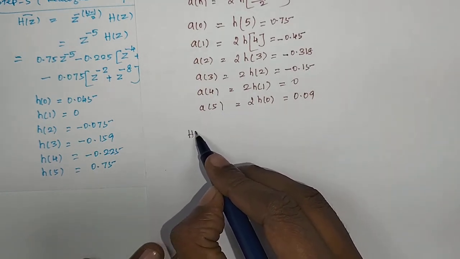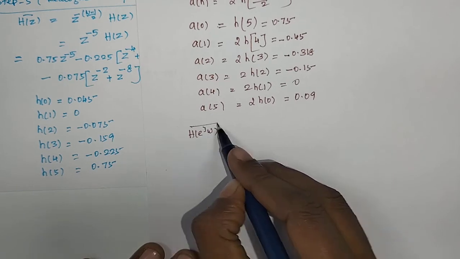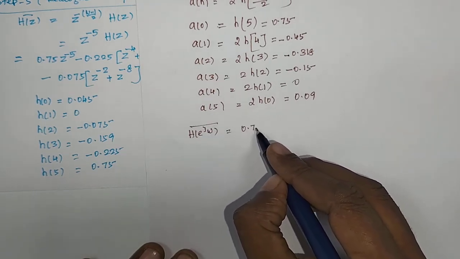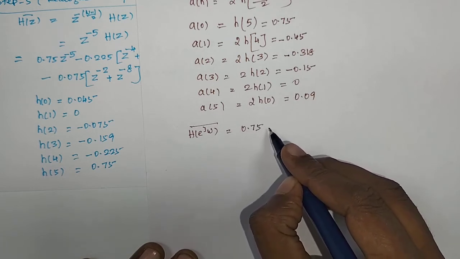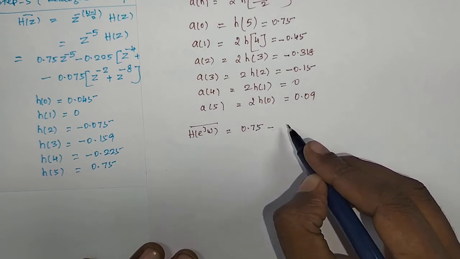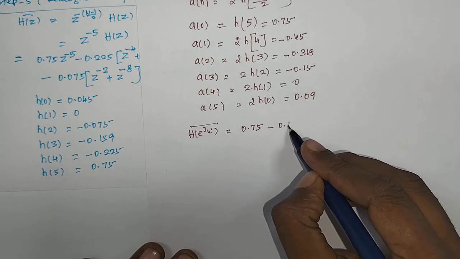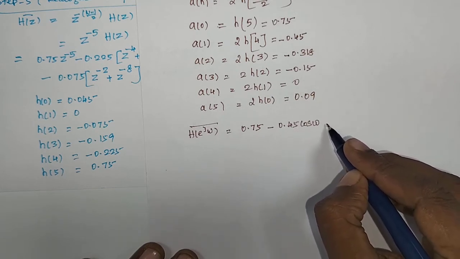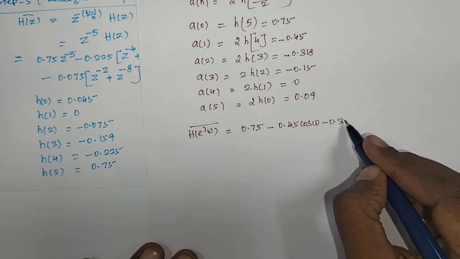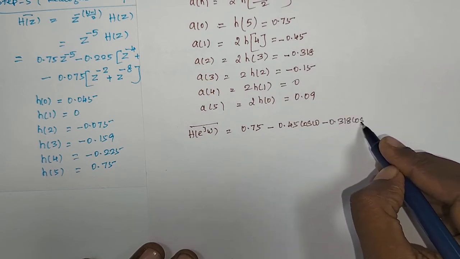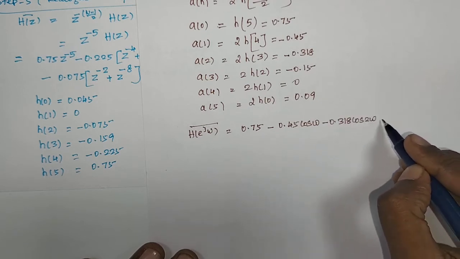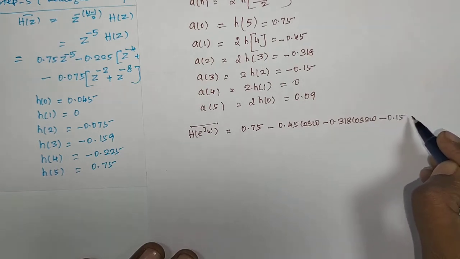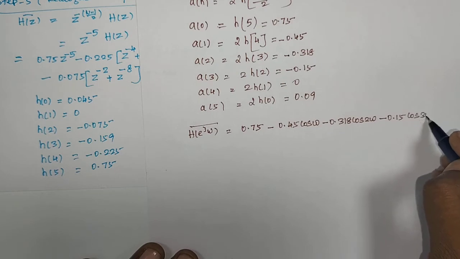From this, the frequency response is equal to A of 0, 0.75, minus 0.45 cos omega minus 0.318 cos 2 omega minus 0.15 cos 3 omega.